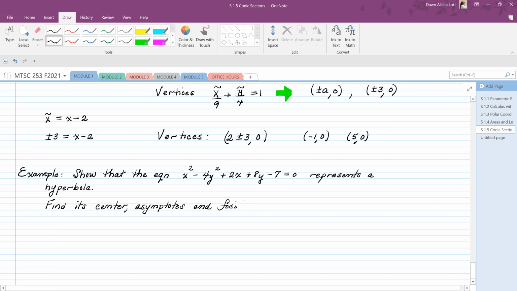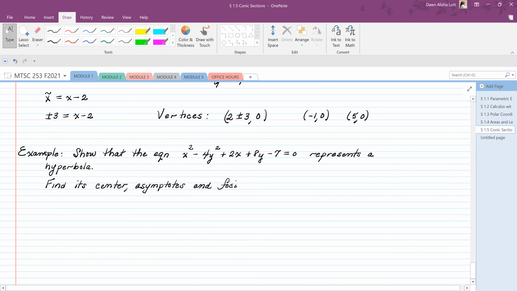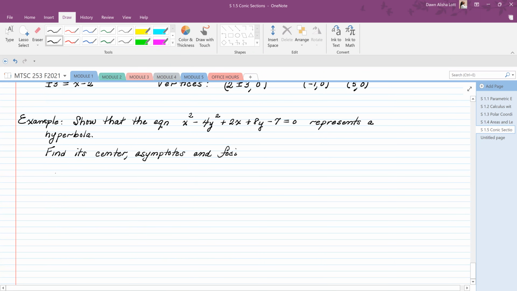Okay, so if we remember from before, a hyperbola looks like (x minus h) squared over a squared minus (y minus k) squared over b squared is equal to 1.